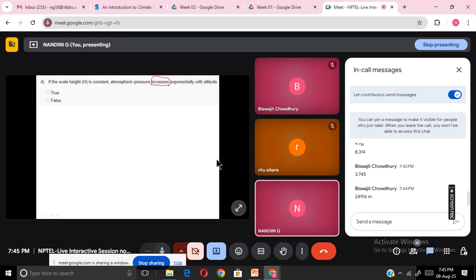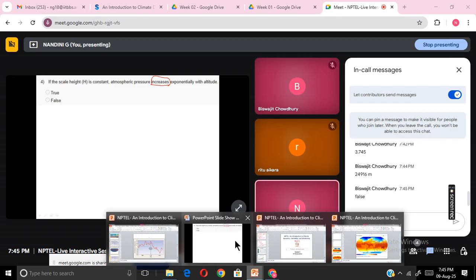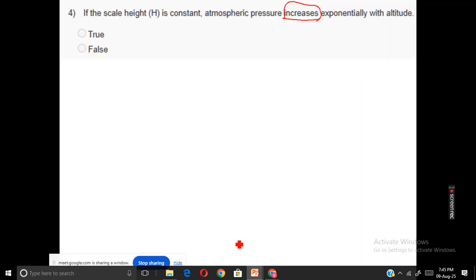True or false? Yeah, it is false. Pressure generally decreases with altitude. At a given scale height, the pressure decreases with altitude. It never increases. So false is the answer.